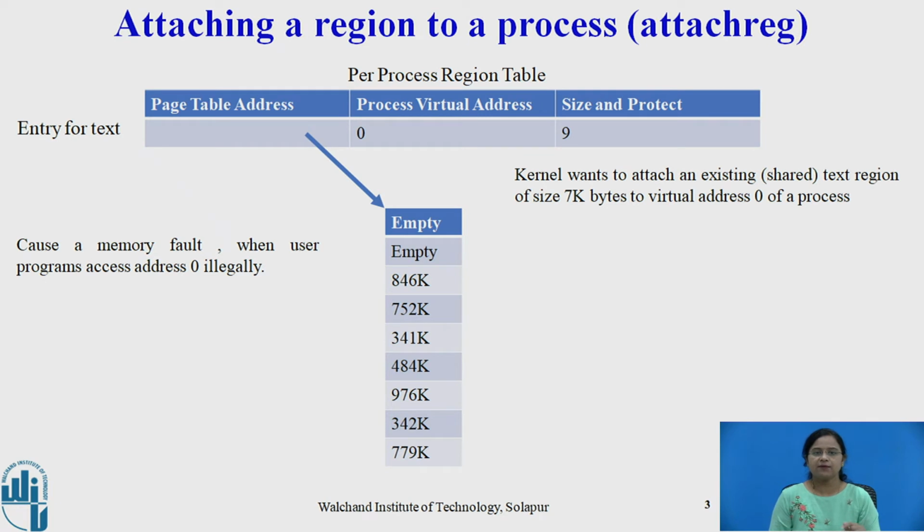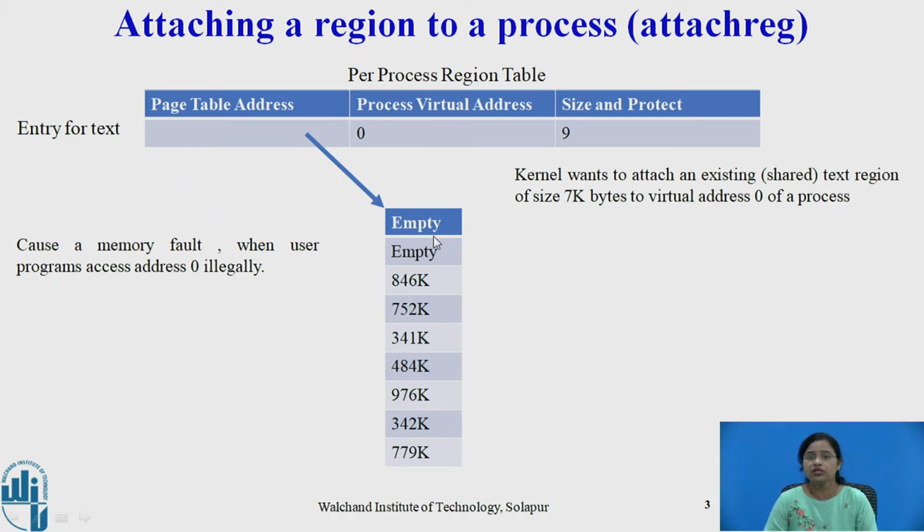An example is shown here. Suppose the total size of the process is 9, and as we can see here, 1, 2, 3, 4, 5, 6 and 7 are occupied and 2 are empty. The kernel wants to attach an existing shared text region of size 7 KB to the virtual address space of the process.